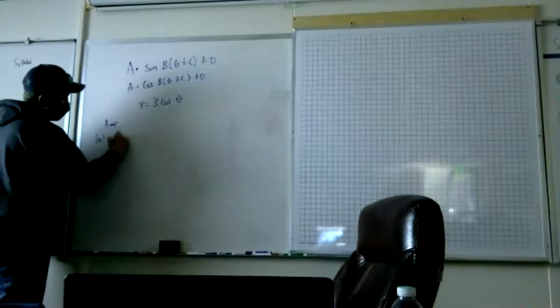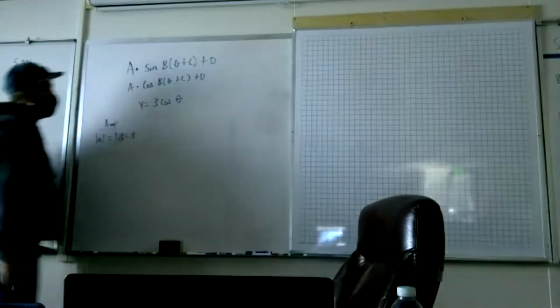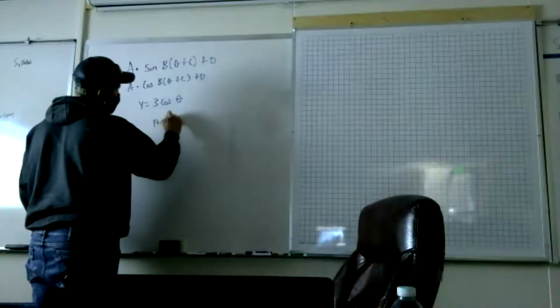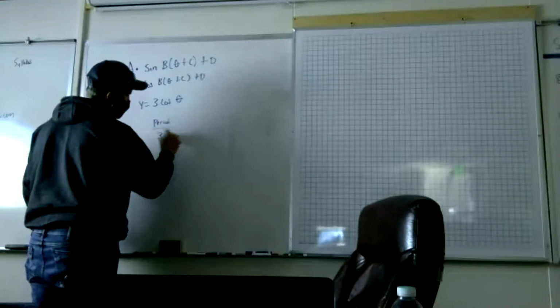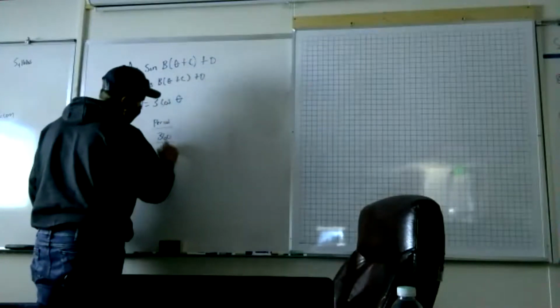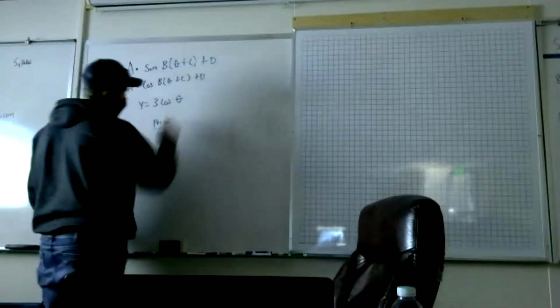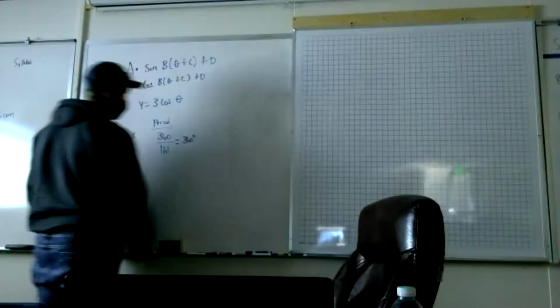So in this case, it's the absolute value of 3, which is just equal to 3. Okay, remember we always want to find the period. You take 360 degrees, or 2 pi if we're working in radians, and we divide that by the absolute value of B. The value of B in this case is 1, so our period is still just 360 degrees.